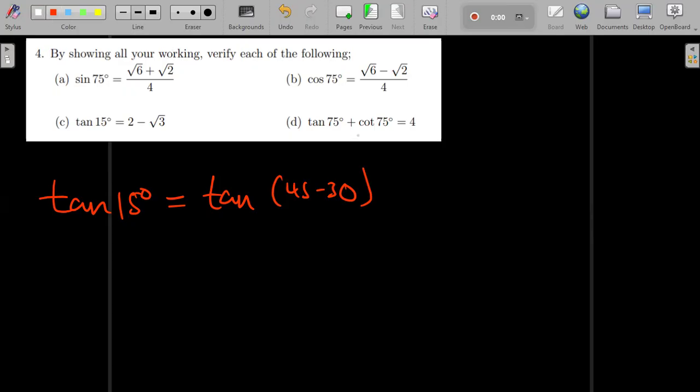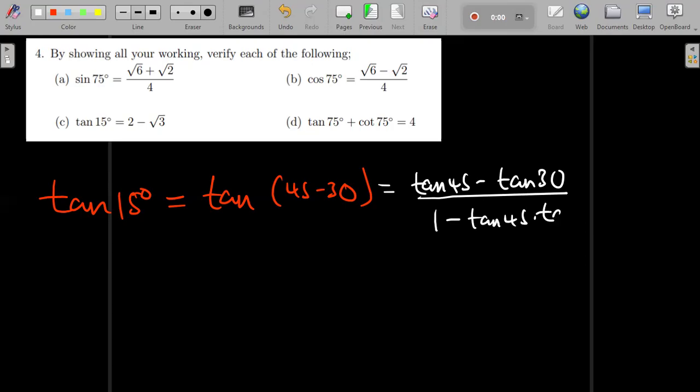And then from there, we now apply the angle formula for the tan. So this is going to be equal to tan 45 minus tan 30, and then we're dividing all this by 1 minus tan 45 multiplied by tan 30. So this is what we have here.